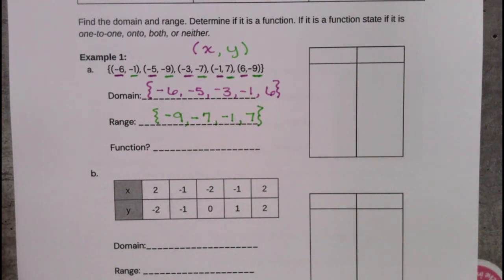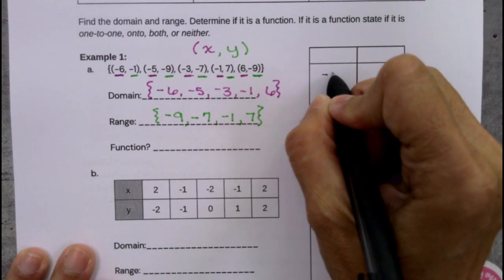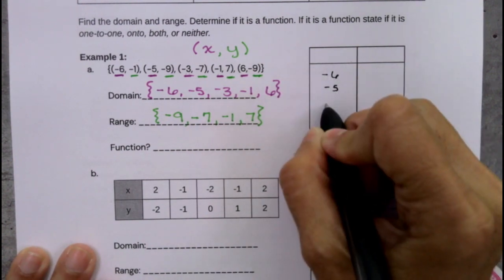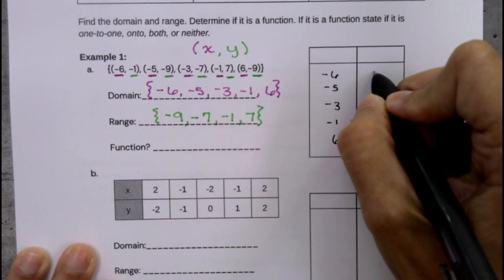And then over to the right, I'm just going to make that into a mapping. I know it looks like a chart, but we're going to look at the visual. So I'm going to list all my domains, and I'm going to list all my ranges.